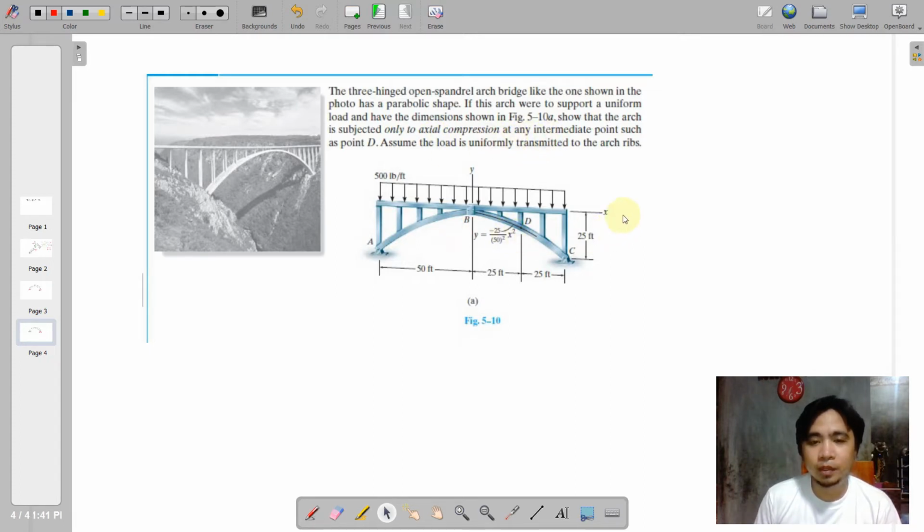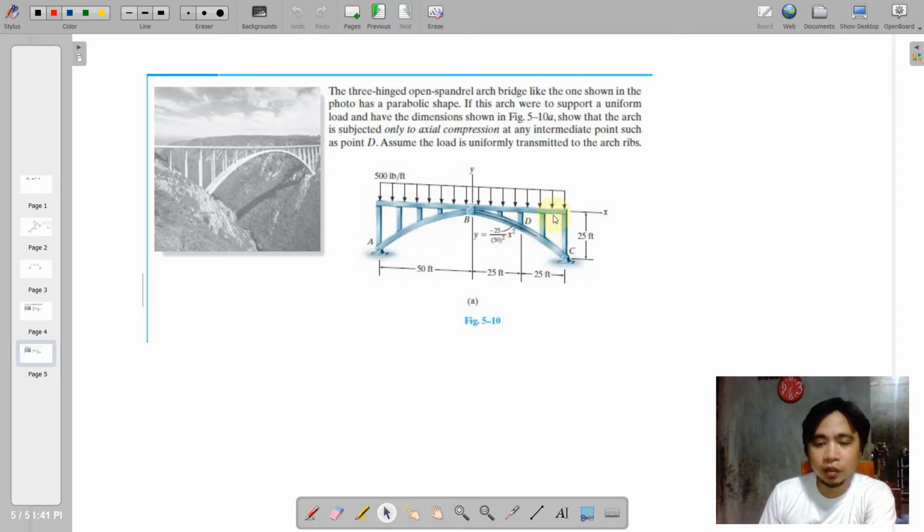So basically we are going to have the idealized structure for this first, and we note that in every length here, since this is a spandrel, we can use the equation of the parabola. We can also use this largest spandrel as a basis and just proportion it to the smaller one.